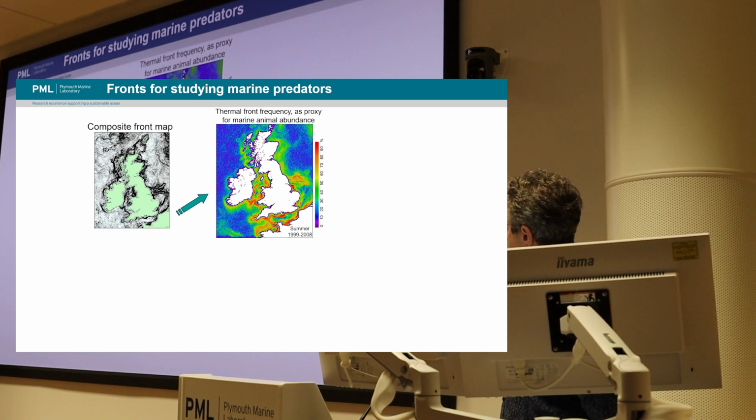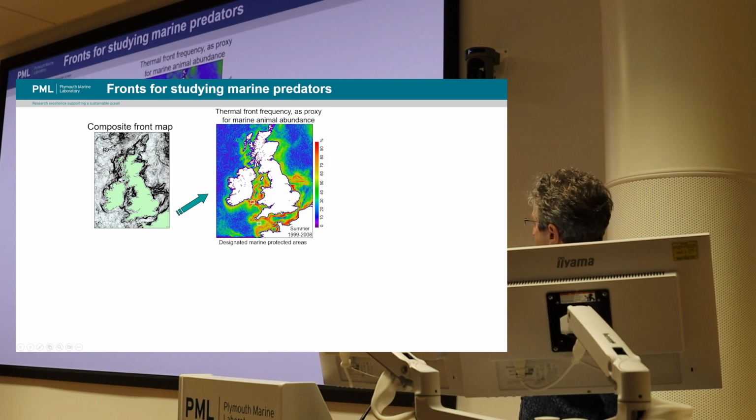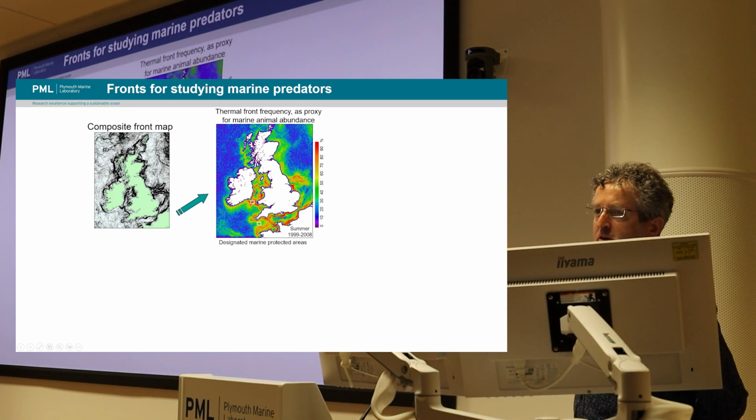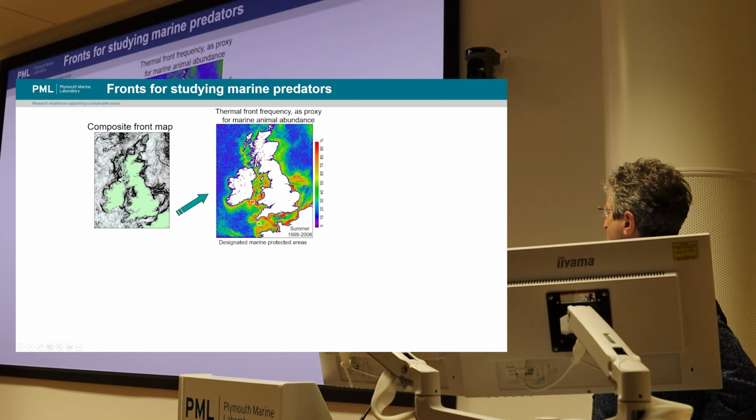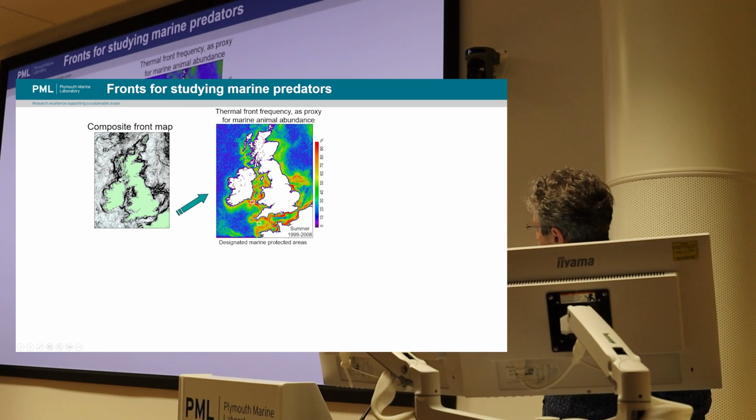This is a frequency over 10 years, and this fed into the Marine Protected Area programme for the UK, and in particular those two white areas were selected on the basis of their front distribution that then captures the distribution of mobile animals like dolphins and sharks, seabirds.